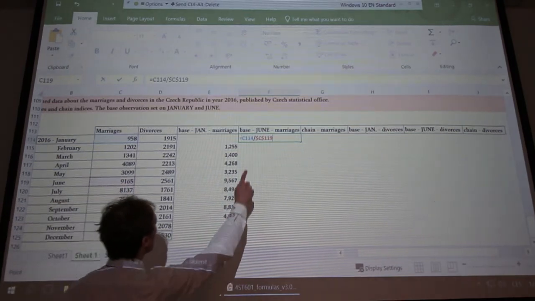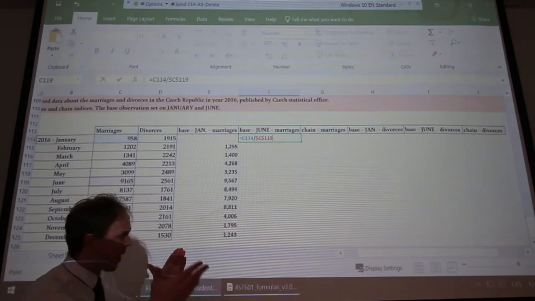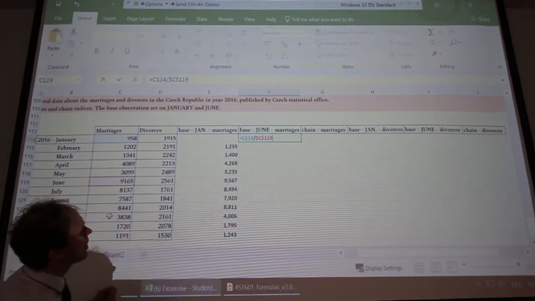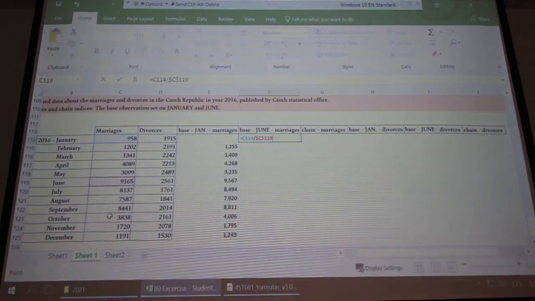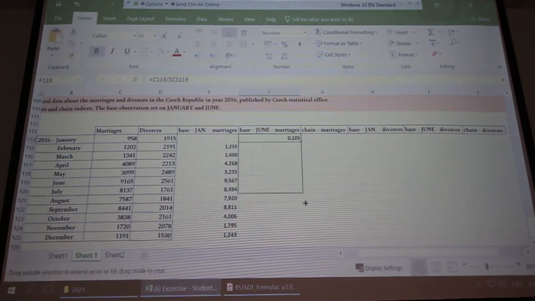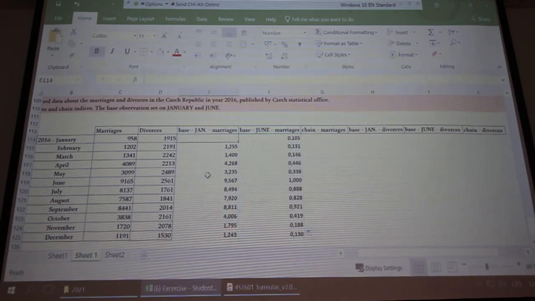So everything will be compared with June. The June is the base. Okay. So we can calculate this, and you can see that this is better for interpretation.